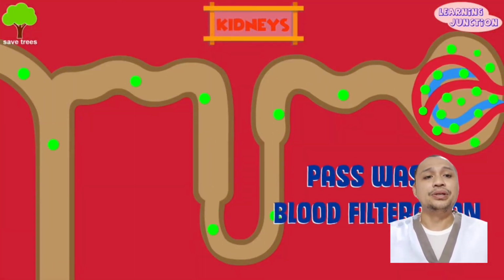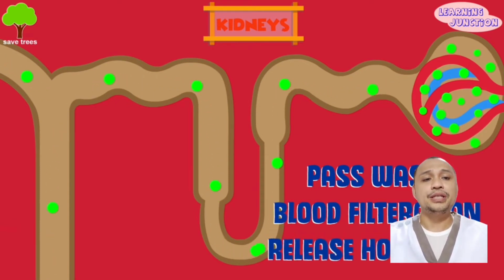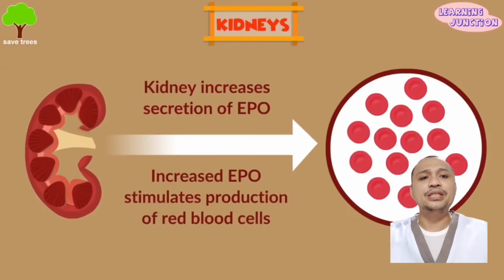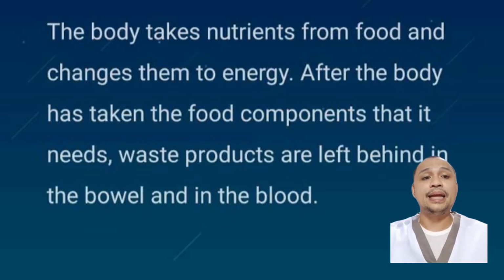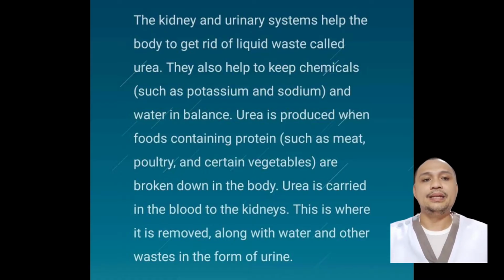So how does the urinary system work? The body takes nutrients from food and changes them to energy. After the body has taken the food components that it needs, waste products are left behind in the bowel and in the blood. The kidneys and the urinary system help the body get rid of liquid waste called urea.